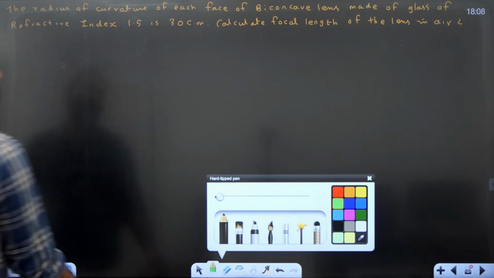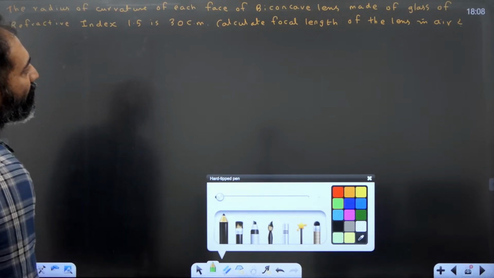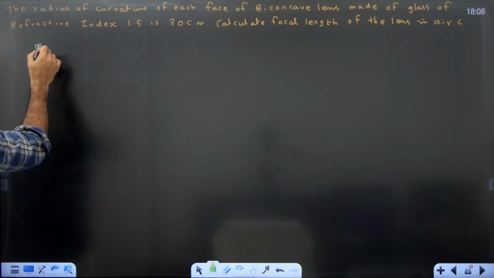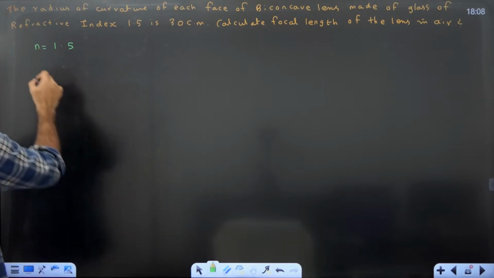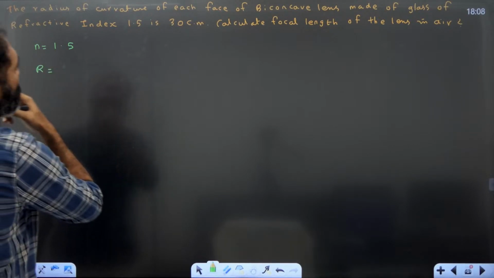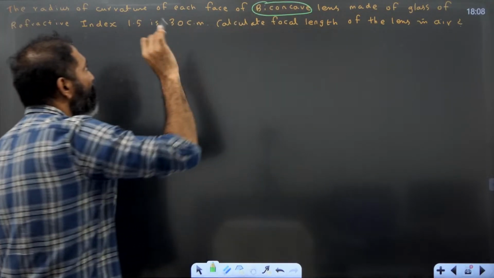Let's see. The radius of curvature of each face of the biconcave lens is made of glass of refractive index. So the refractive index is given as 1.5, no unit. Now the radius of curvature is 30 centimeter. It is biconcave, that means both radii have the same value.